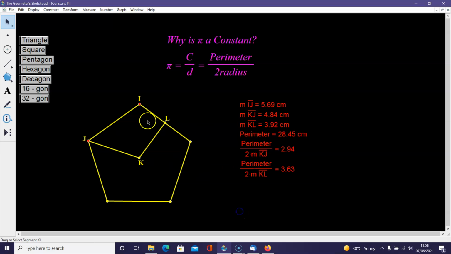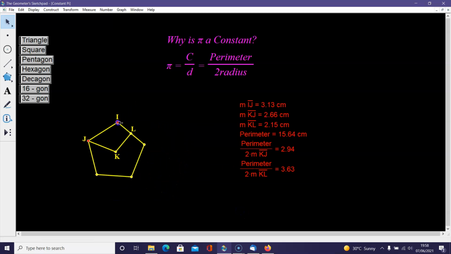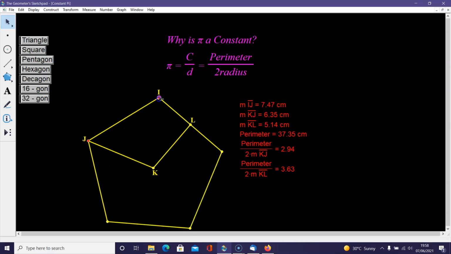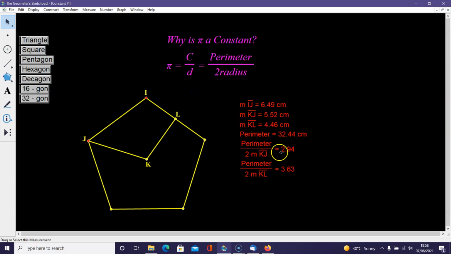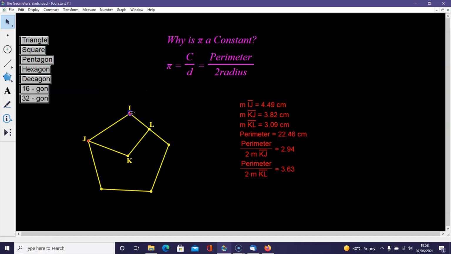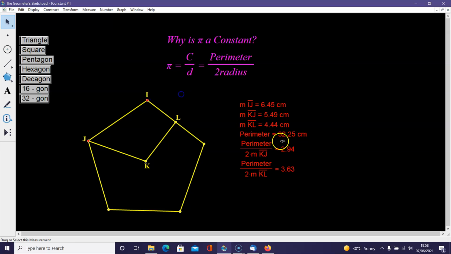I get these two ratios. And no matter how big or small my regular pentagon is, the ratios are not changing. But now I've moved under 4. I'm at 3.63, and I'm up from 2.83 to 2.94 with a 5-sided figure.